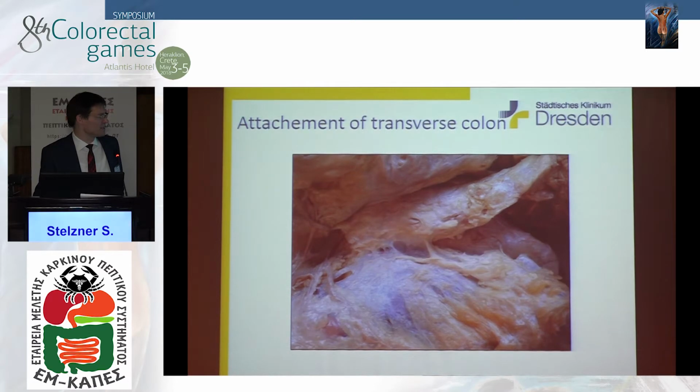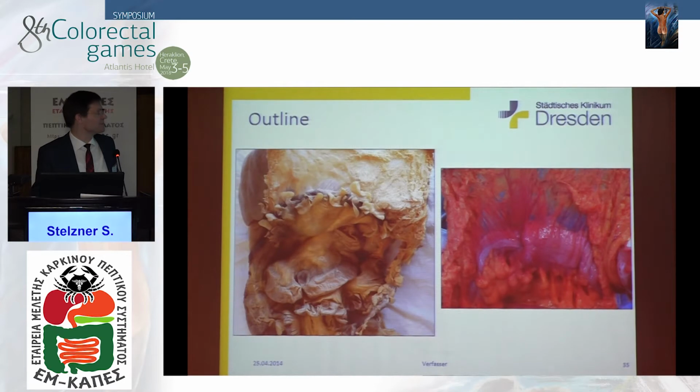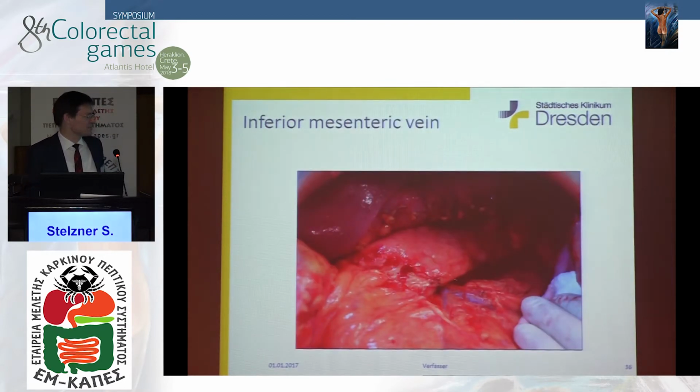And this is the separation of the anterior leaf between the transverse mesocolon and the pancreas. And there the duodenum, or the duodenojejunal flexure, is shining through. Then we have reached the area of the vessels.